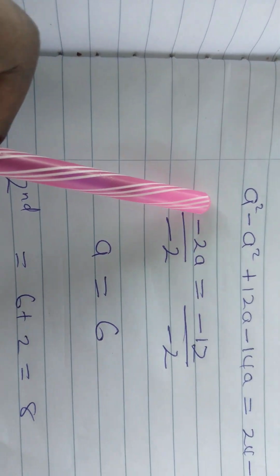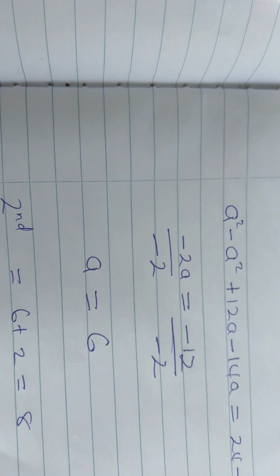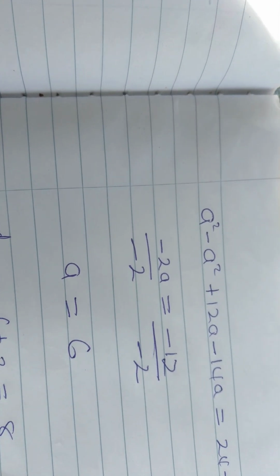I divide both sides by negative 2. I get A is equal to 6.